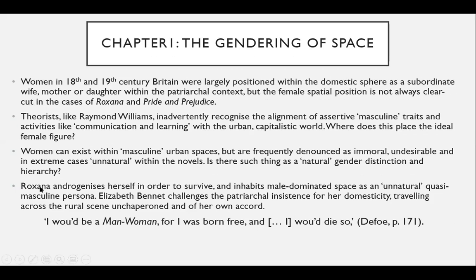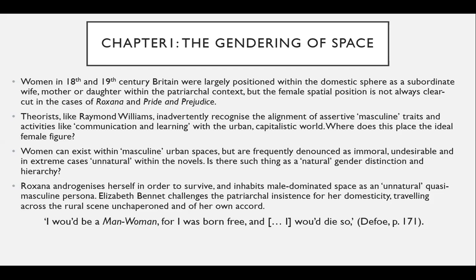But yeah, to just refer to a key quote that really drew my attention in the novel. Roxana declared when one of the men proposed to her that she would be a man-woman. She was born free and she would die so. And man-woman is obviously quite a loaded term, especially in regards to 17th century gender politics, because there wasn't really such a thing as a man-woman.